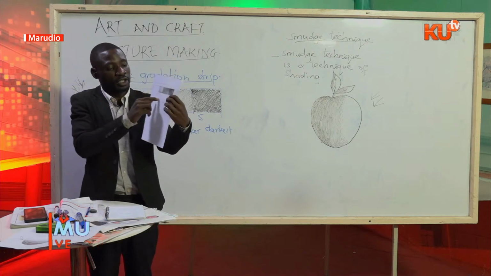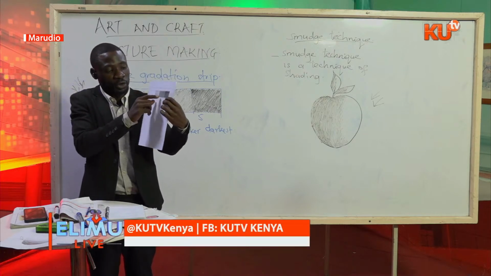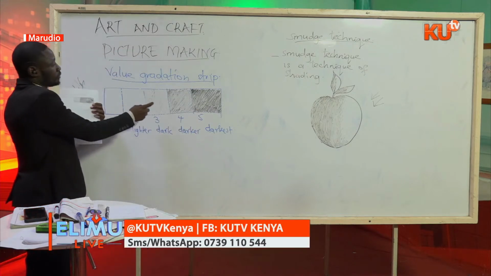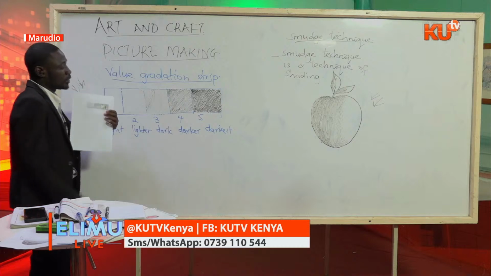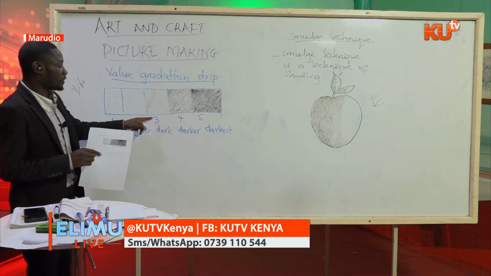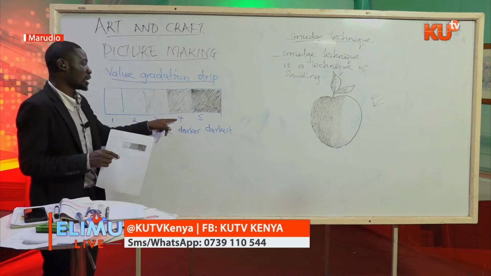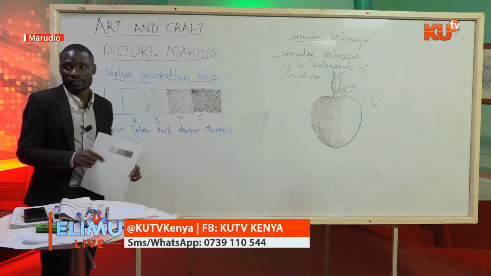Number 3 is lighter, according to our value gradation strip on the chalkboard. Number 3 is dark. Number 4 is darker. Number 5 is the darkest.